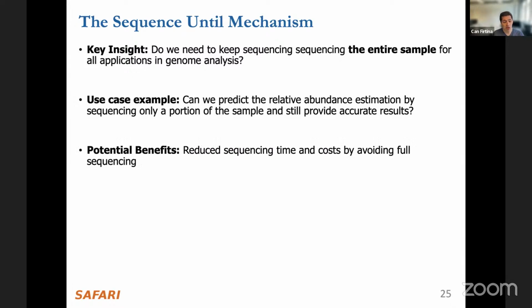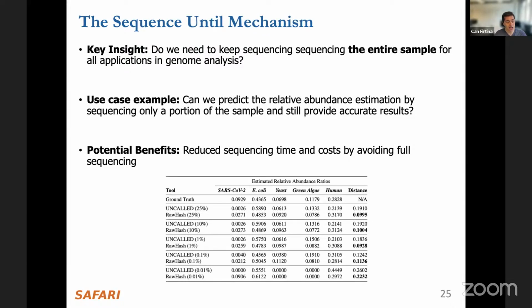Potential benefits from such an approach, as I said, could be reduced sequencing time and cost by avoiding full sequencing. So we simulated such a benefit, and also simulated whether we can make accurate relative abundance estimations by only sequencing a portion of the sample.